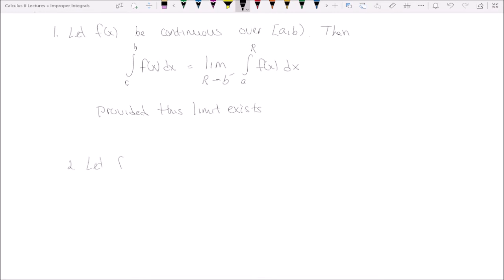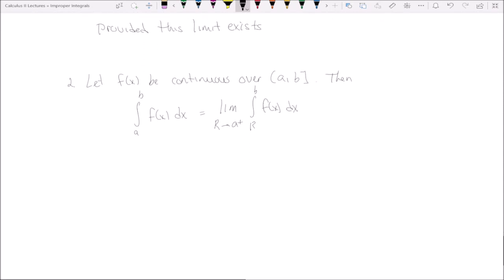Second, let f of x be continuous over this interval. Then the integral from a to b of f of x dx is equal to the limit as r approaches a from the right of the integral r to b of f of x dx, once again, provided that this limit actually exists.